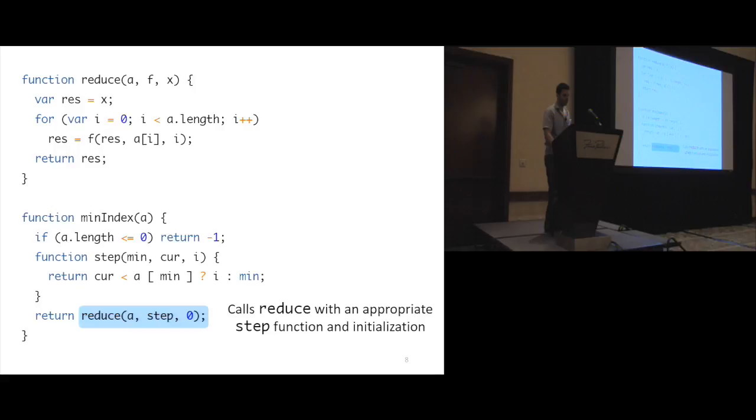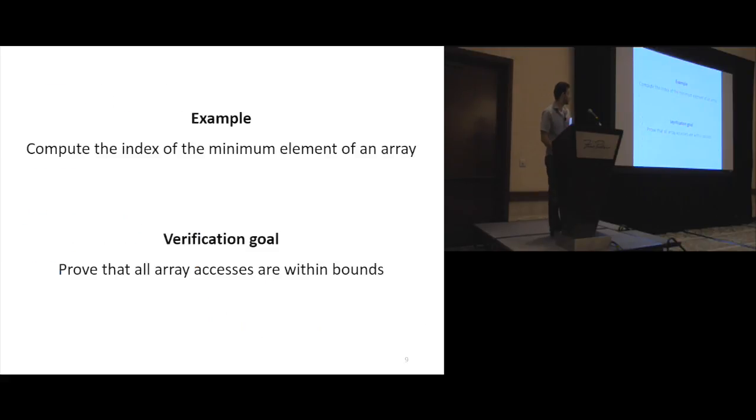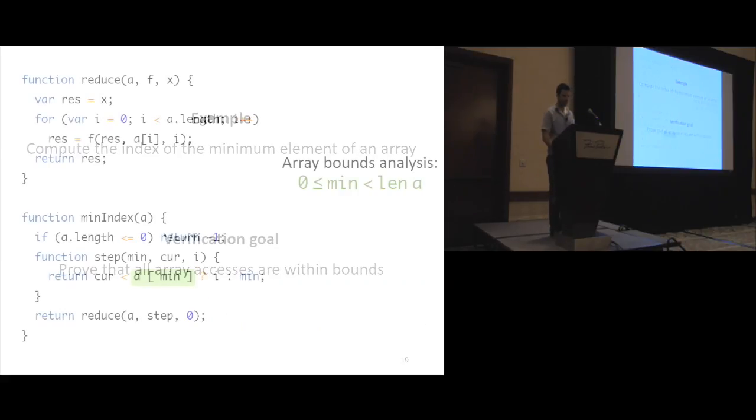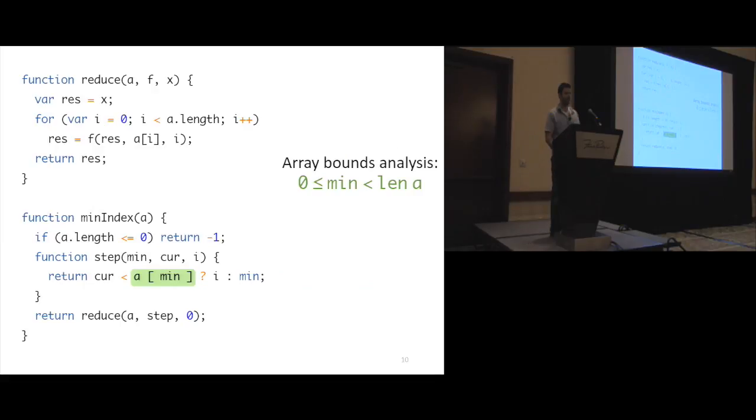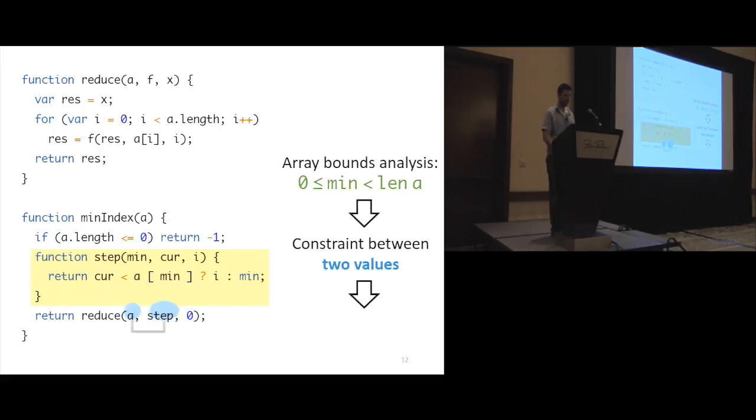So let's assume that the verification goal here is to the step function. An array bounds analysis would require A, and so we effectively have a constraint between two values.